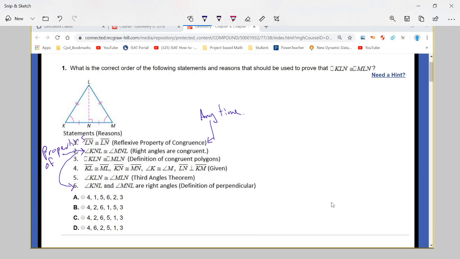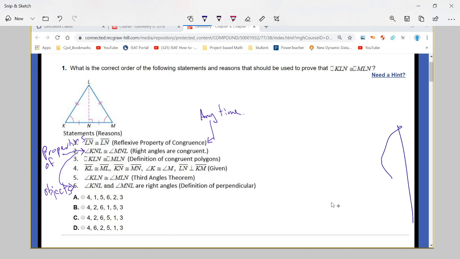That's the statement about the object itself, and then the property is that those right angles are congruent. So I'm making a statement about an object before I make a statement about its property. So 6 has to come before 2.